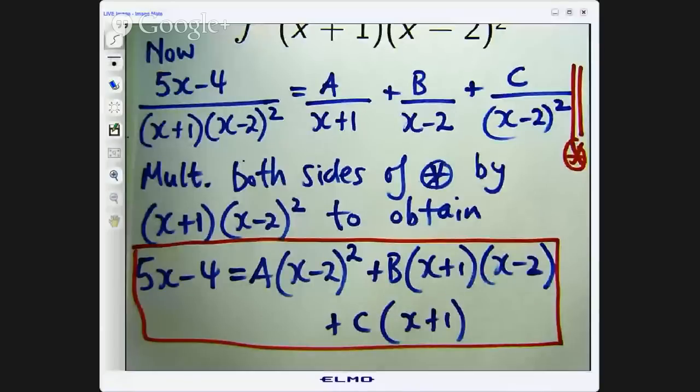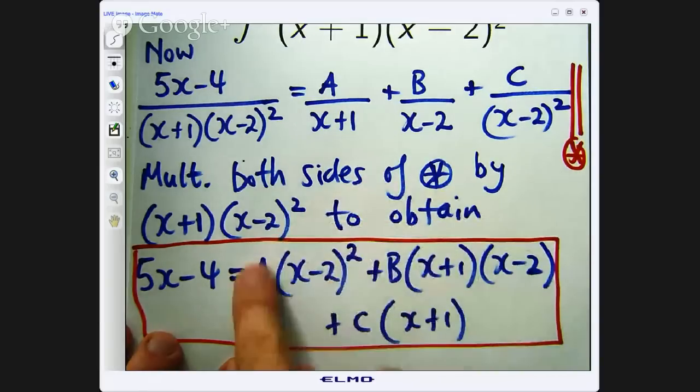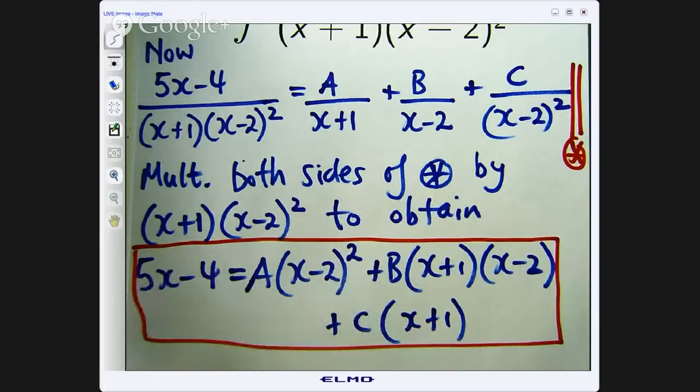Okay, so firstly, this looks like a complicated mess, but if I want to simplify this, let's consider plugging in x equals positive 2. If that's the case, then this will go to 0, this will go to 0, and I'll be left with 3c over here, and something over here. That will give me the value of c.